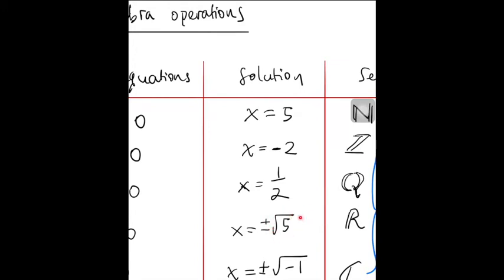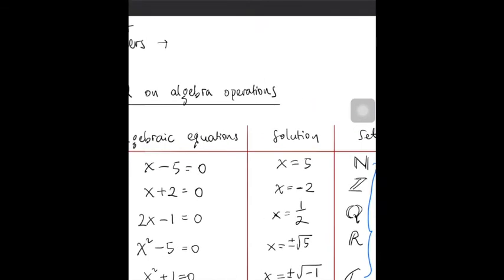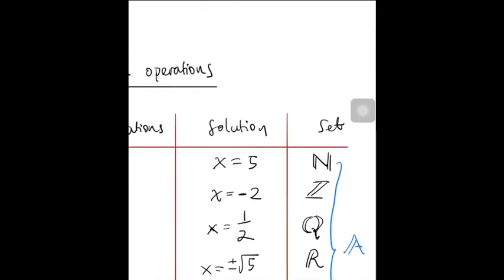We know that the square root of 5 has a lot of numbers if we try to find the decimals. That is called an irrational number, and the whole set of rational and irrational numbers we call the real numbers. So that is a little bit of history about our numbers.